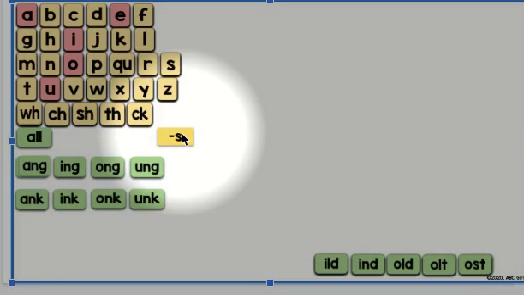Okay, so I'm going to build some words now. I'm going to get my syllable cards because you guys are such good readers. We'll move on to syllable cards. Try this one.